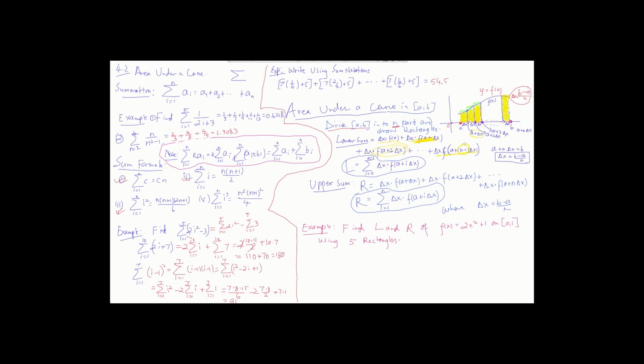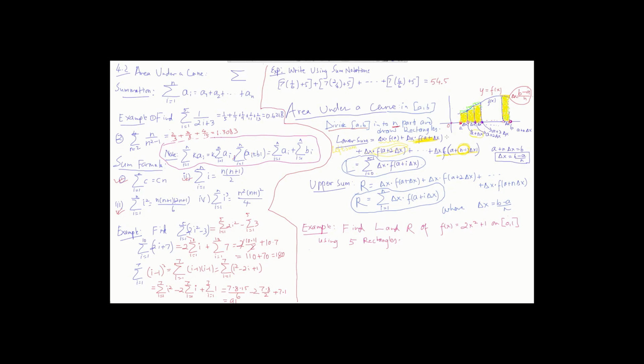I am starting from 0 because at the beginning there is no delta x; i times delta x is 0 times delta x. So it starts from i equals 0 and goes up through n minus 1, of delta x times f of a plus i delta x. This is called the lower sum or left sum.